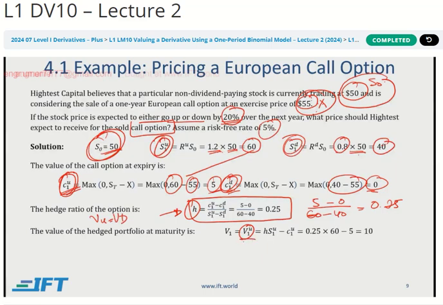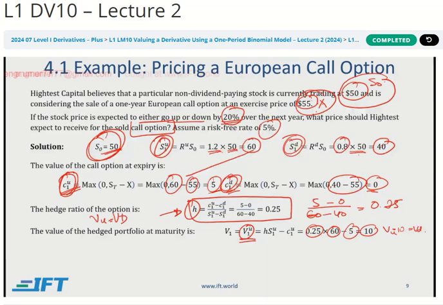So in this example, we've calculated the value of up, which is if it goes up, it will go up to 60 multiplied by the hedge ratio of 0.25 minus the value of the option if it goes up, which is C up is 5 and the value of up is 10. And you can even calculate the value of down and it will also be equal to 10 for sure.